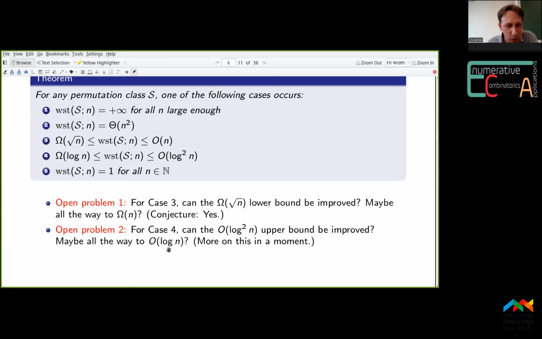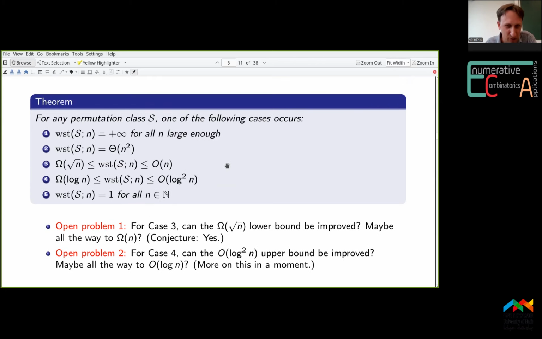So for all we know, it might happen that this log squared can be replaced with O of log n. Here I'm not quite sure if this is what we should believe. It might also very well happen that this case number 4 is actually several different cases where some classes have sorting time of order log squared and others of order log n.